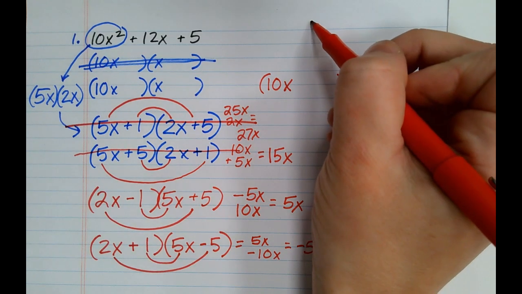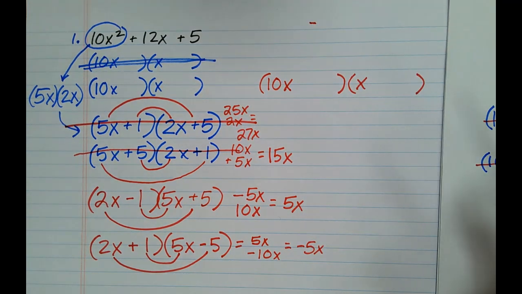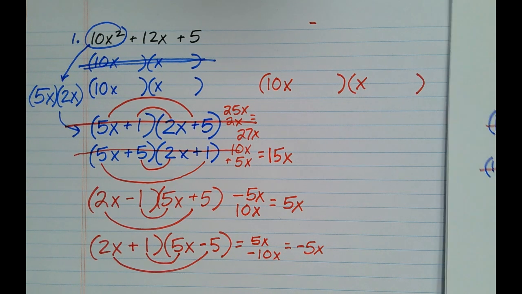So our factors, we're actually not, I don't think we're going to be able to do this. I really don't. At this point, it seems like we're just writing the same things. Yeah. I think that this is not going to be factorable.